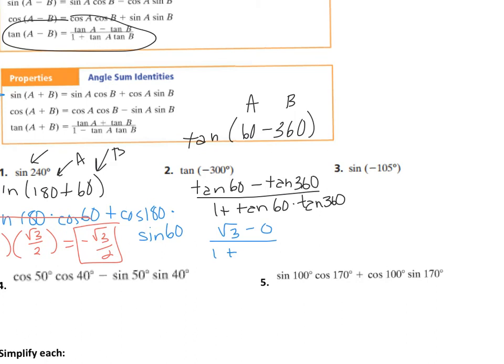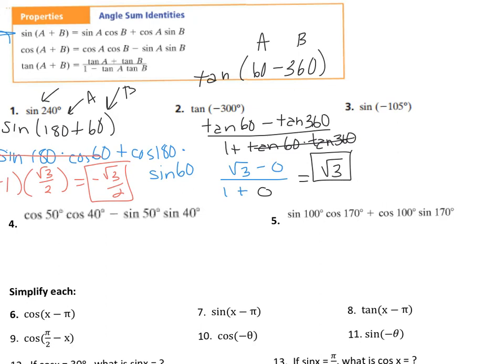Okay, so I started evaluating this: tangent of 60 is root 3, tangent of 360 is 0, so the denominator's second part is going to be 0. So this is just going to be root 3. So the answer is root 3.